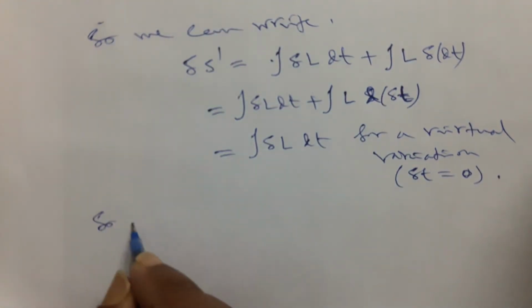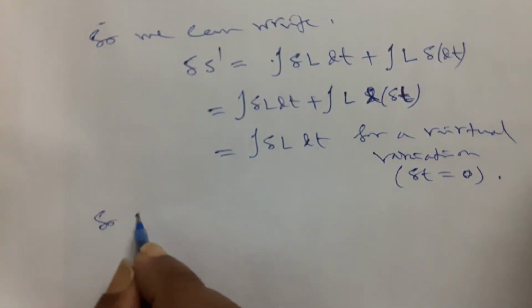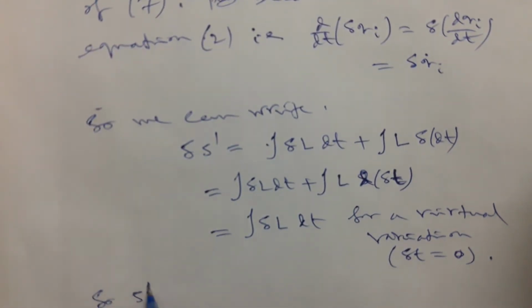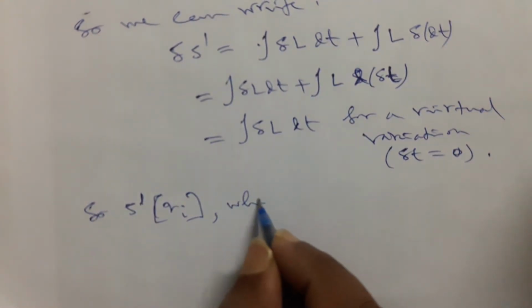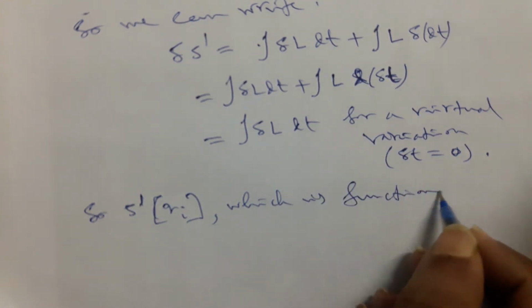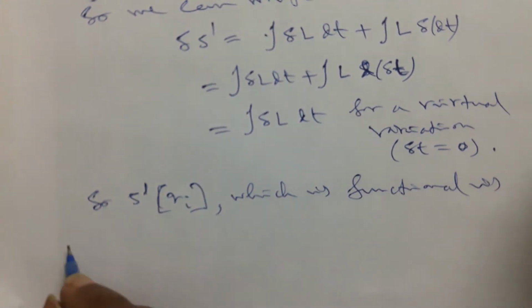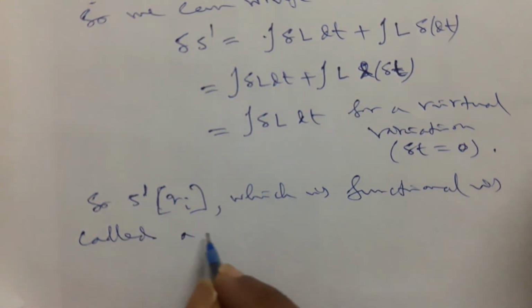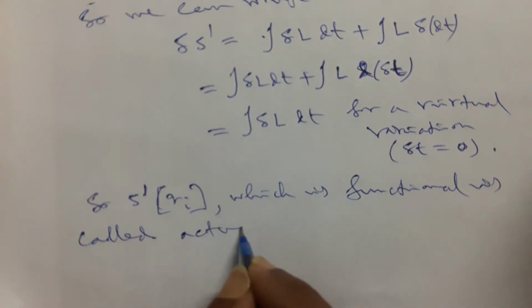So if we consider S dash of qi, which is a functional, it is called the action along the actual path.